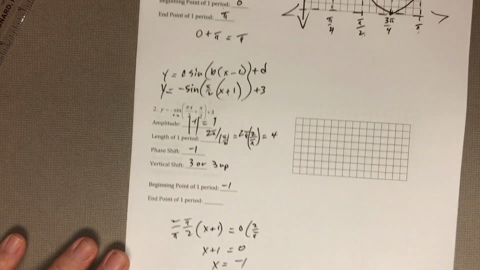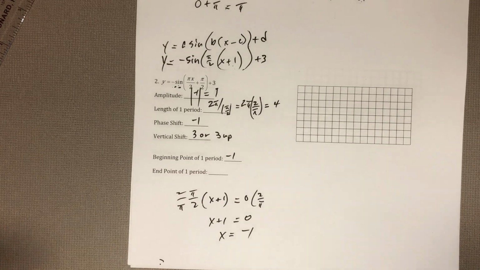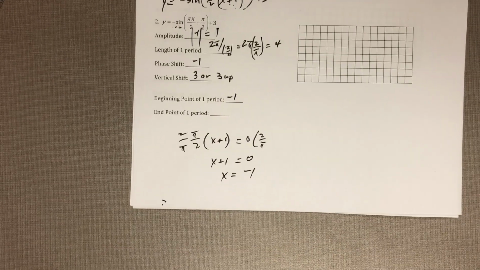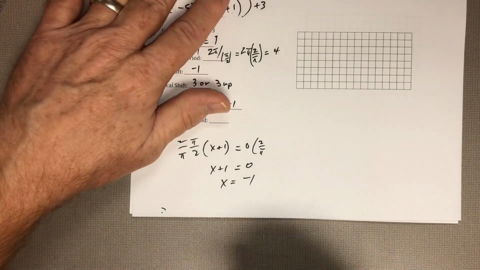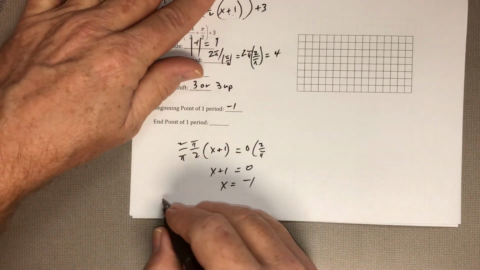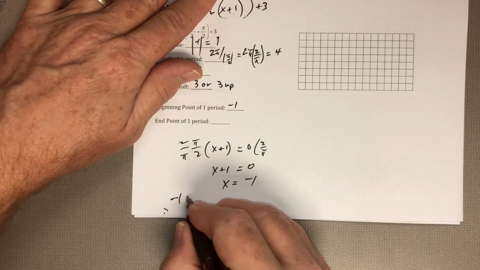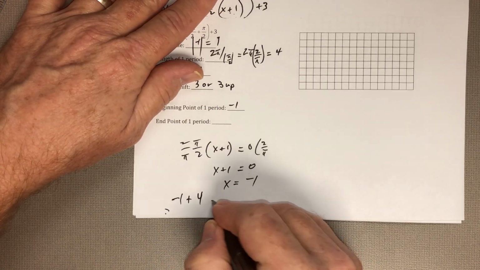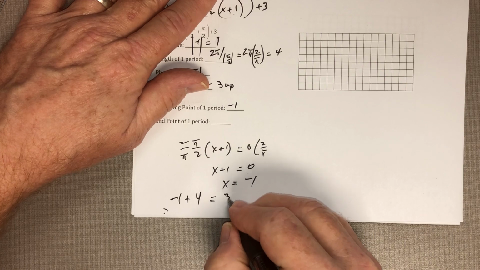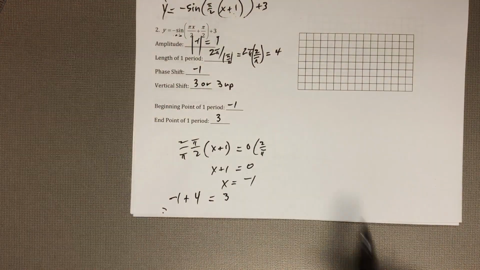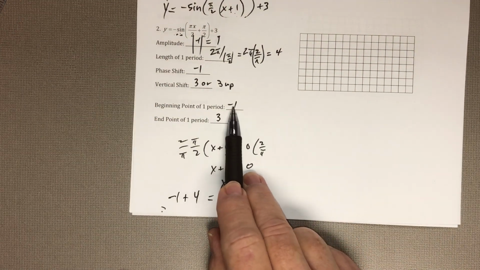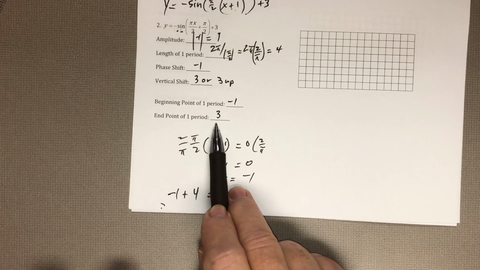Now we're going to find our ending point. Remember, to find your ending point, you take your beginning point and add your new period. So the ending point would be -1 plus the period of 4, which gives us +3. So our graph horizontally will go from -1 all the way up to +3.